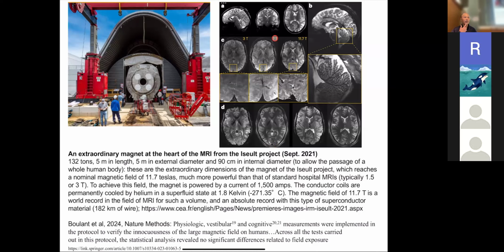Yeah, electric fields, right? Maxwell's equations, right? E is proportional to dB/dt. So basically, if you do that, you're actually creating currents in your head, which messes with your brain. So when you go into one of these magnets, you have to move slowly. Otherwise, bad things could happen. Okay.